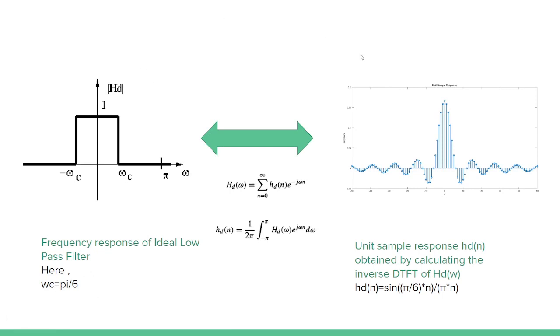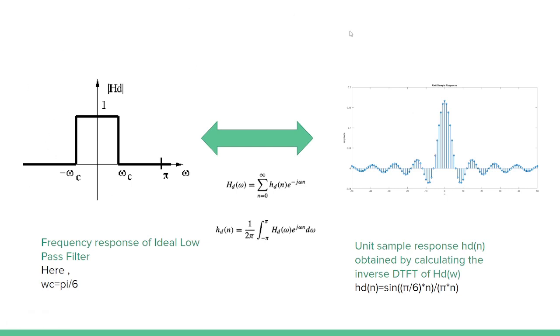On calculating its inverse discrete time Fourier transform, the signal obtained would look something like this, a typical sinc function, particularly sin(pi n by 6) by pi n. As this impulse response corresponds to an ideal filter, the number of samples is infinite in length and the signal obtained is non-causal in nature.